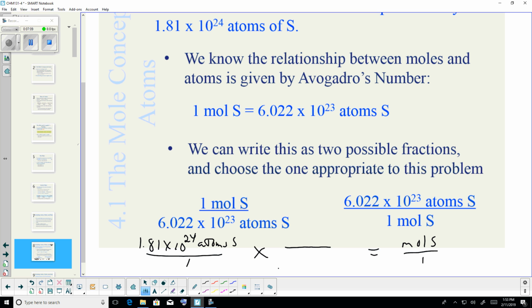So I have to choose one of these conversion factors to get rid of the atoms. If the atoms are on top here, they have to be on the bottom in the next one, which means I'm going to choose this conversion factor. 1 mole of sulfur, 6.022 times 10 to the 23rd. It's really difficult to write with this pen. So now the answer is going to be around 3.